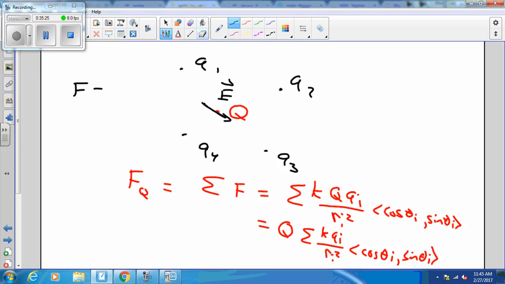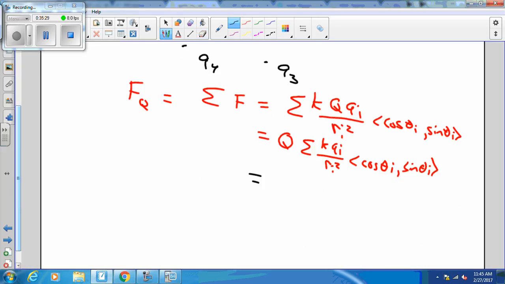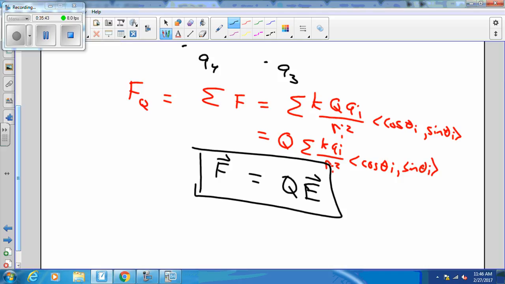So here is the big equation that we're going to use that wraps up this whole thing right here. All of this sum is going to be called the electric field E. And E is created by charges when you place them into space.